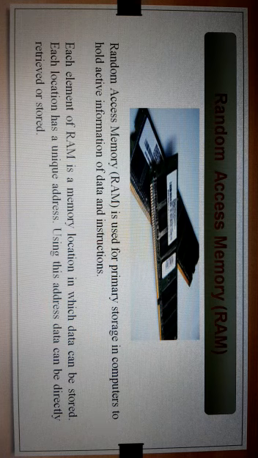But a notebook is blank, where you can write anything, and you can also read the written things. So to easily understand ROM and RAM, ROM is just like a textbook and RAM is just like a notebook.